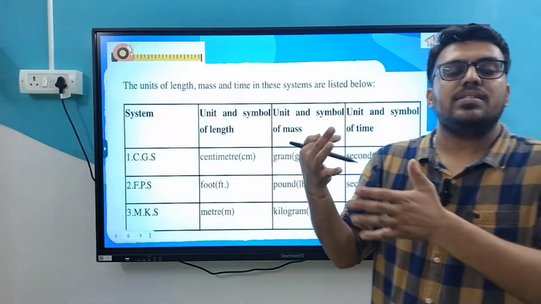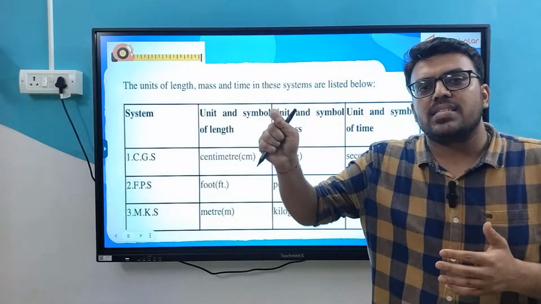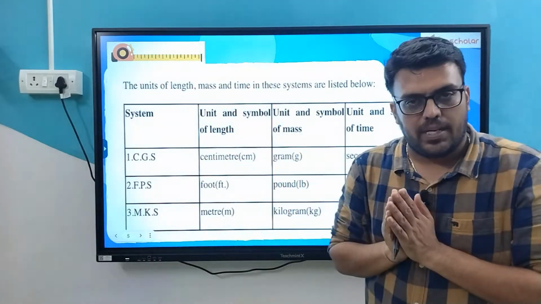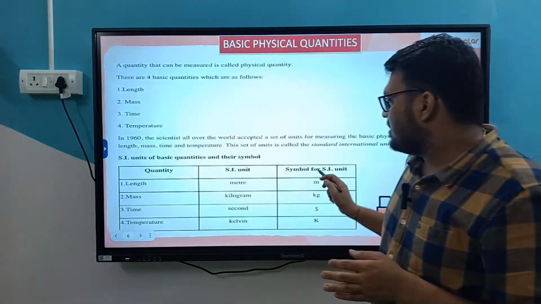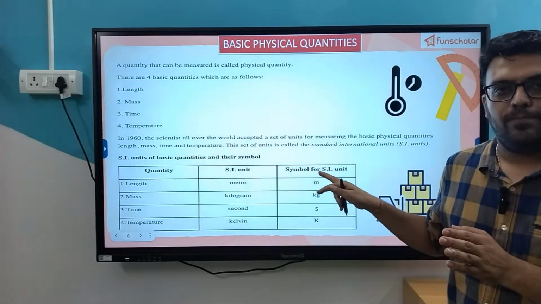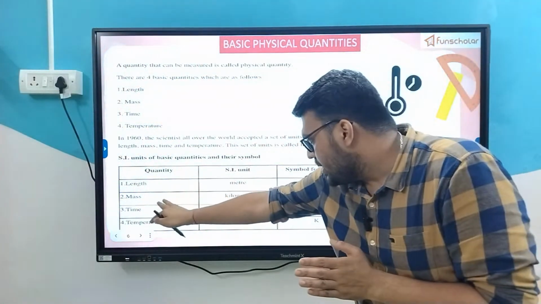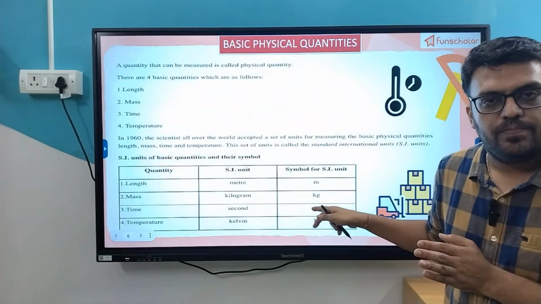We needed a standard system so that we could express units in one standardized form which is universally accepted. That is why we switched to the SI system, the international system of units. We saw certain quantities, their SI units in words and their symbols.